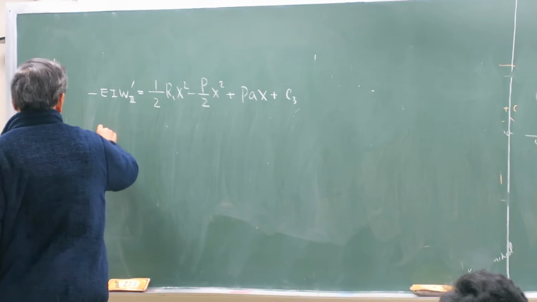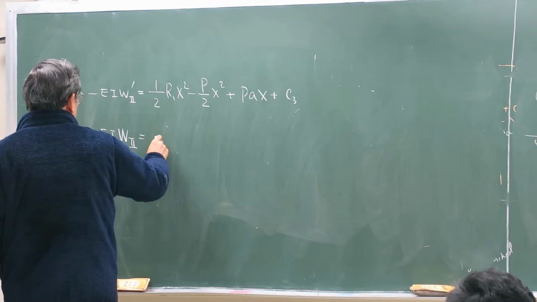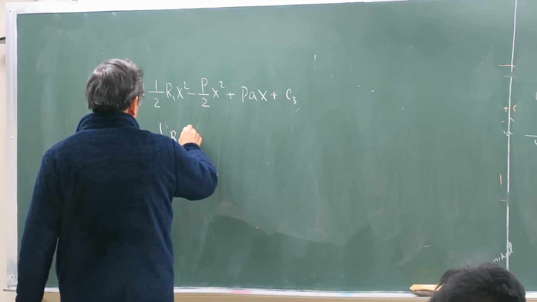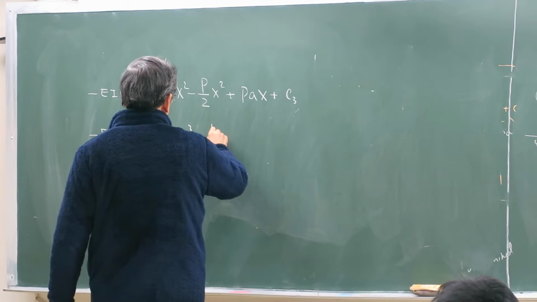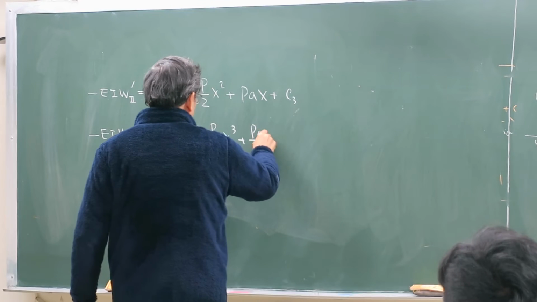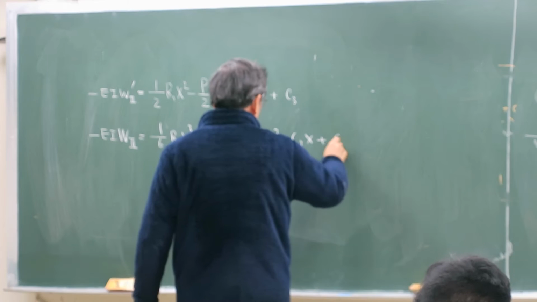And furthermore, minus EI W2 equal to one sixth R1x cubed minus one sixth Px cubed plus half Pax squared plus C3x plus C4.